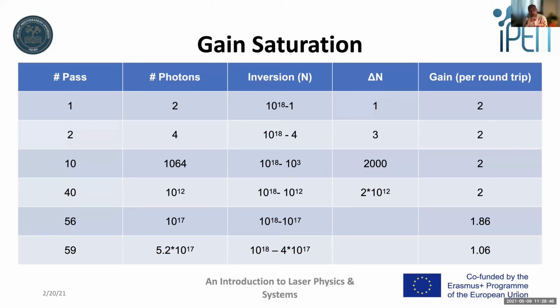So as you know, the number of the photons interact as they are passing through our medium, you can see that we increase the generation of coherent photons, but at the same time, we increase the portion of the population inversion that is moving downwards, which means that we increase the lowering of our population inversion at the beginning by 1, then by 3, then by 2000, and then as you can see, as our laser photons are trapped and circulate through our medium, we are going to start from a gain equal to 2, and we are going to reach a gain equal to 1, all right?